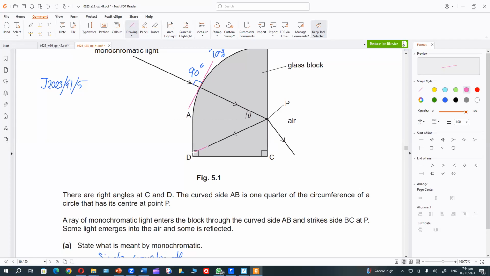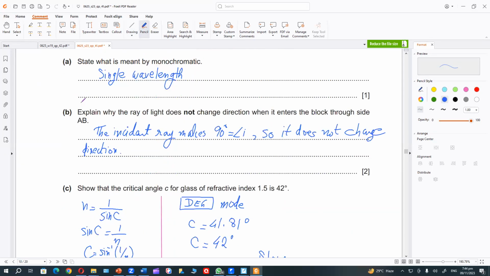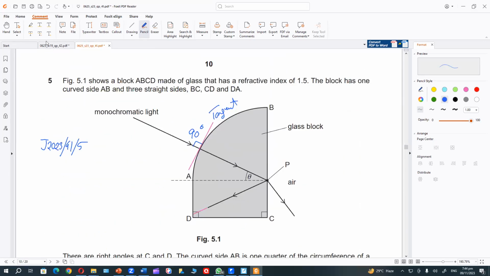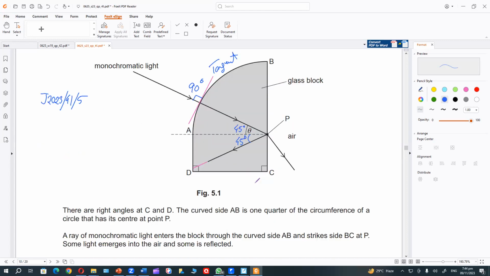I have extended it. Now he is asking about when theta is 45. If this angle is 45, do you think this angle will also be 45?